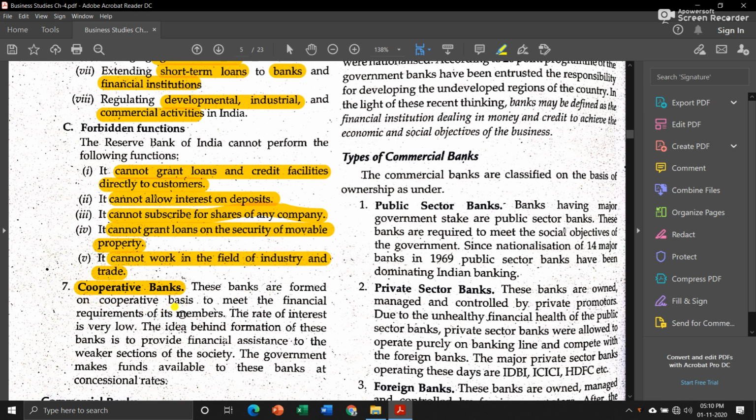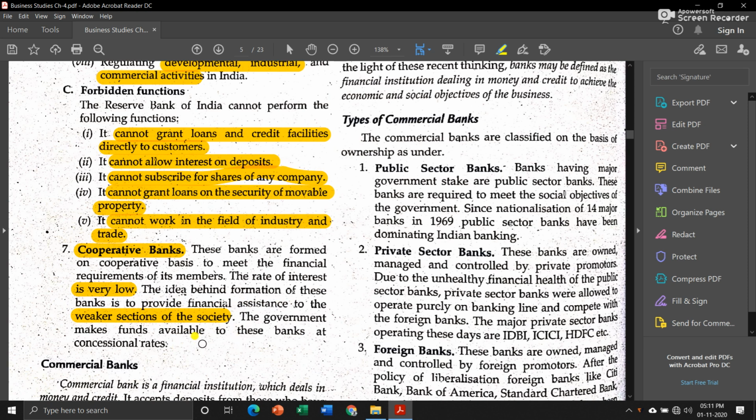Those members who create this kind of bank, these banks only think about fulfilling their requirements. The rate of interest is very low. The idea behind formation of these banks is to provide financial assistance to the weaker sections of the society. Means these banks are formed by the weaker sections of the society, and their interest is also very low.